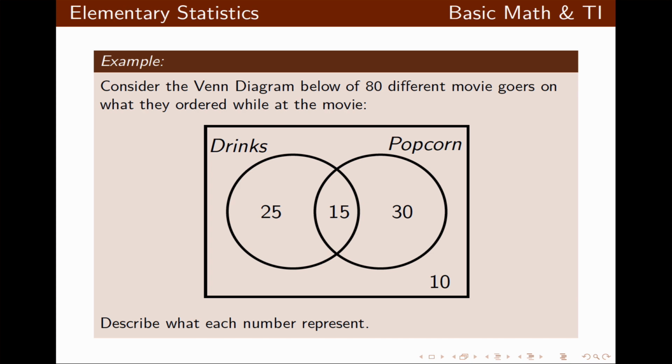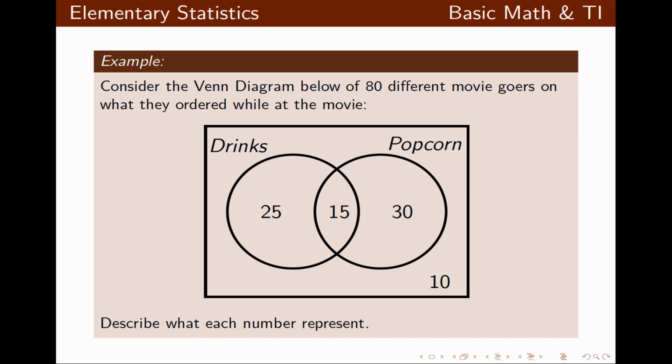The drawing in this example is called Venn diagram. Venn diagram is one way to organize our information. So in this example, 80 different moviegoers were randomly selected, and this is what they ordered while at the movie.